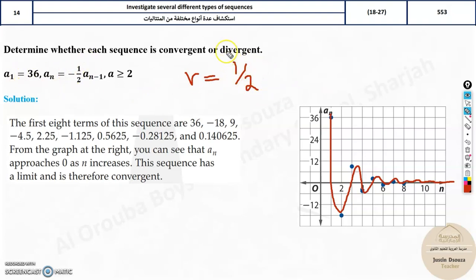Whenever this is between 0 and 1, it will be convergent. So what happens is it will come close to a single value. If you keep on finding the values, it will be 0.000 some values, so it is almost corresponding to 0. It's coming to a single value, and we can tell it's closing on to 0. So that's why it is a convergent series over here.